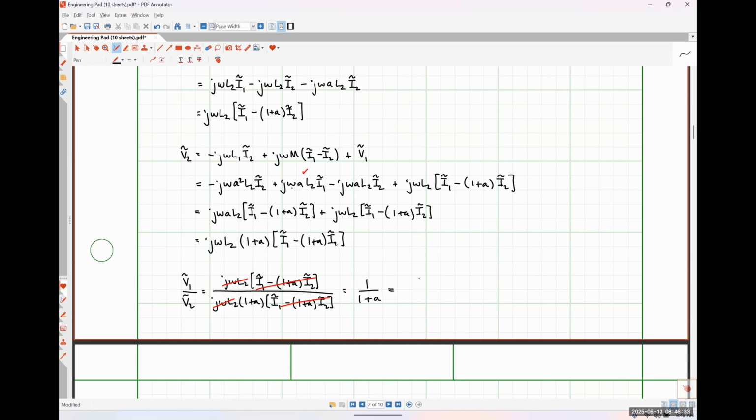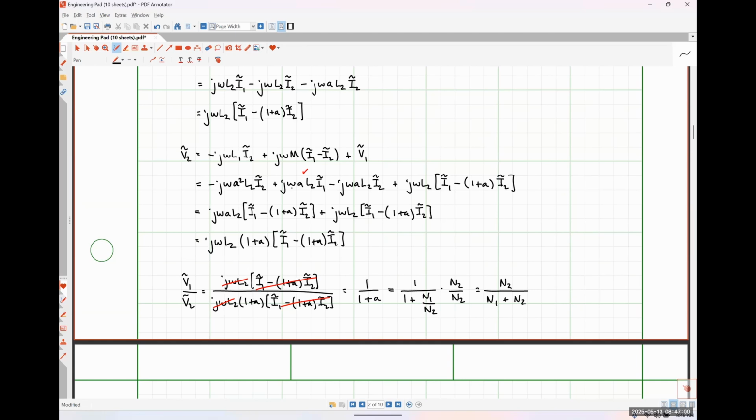So that is the same as 1 over 1 plus N1 over N2. So if I multiply this thing by a factor of N2 over N2, I wind up getting N2 divided by N1 plus N2.